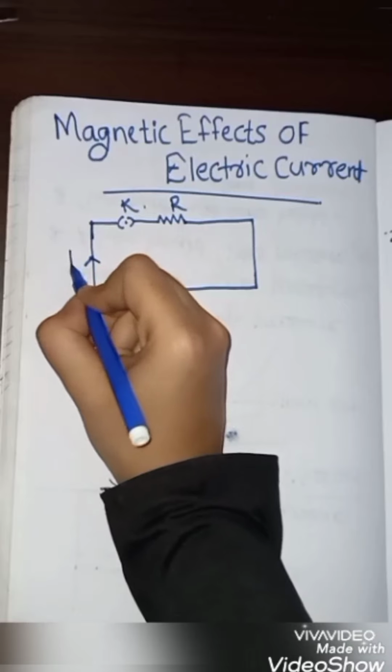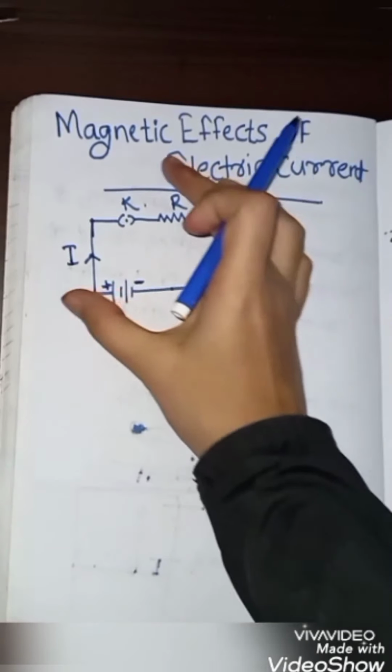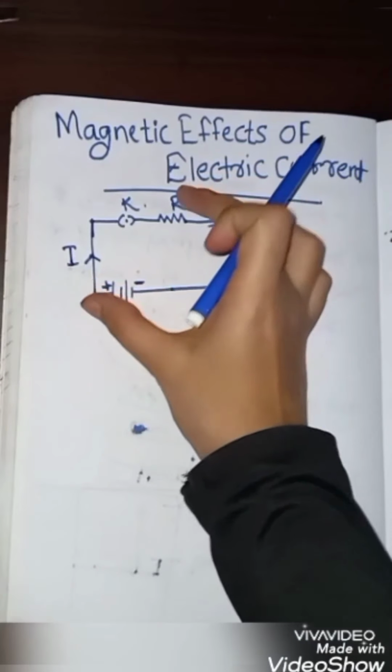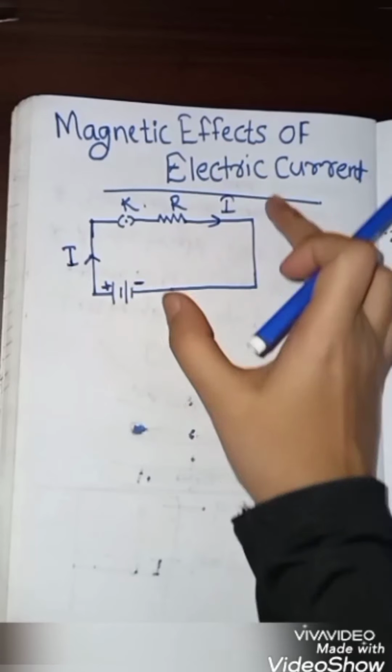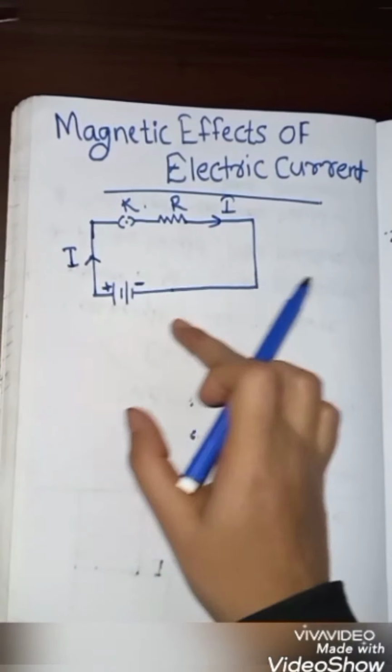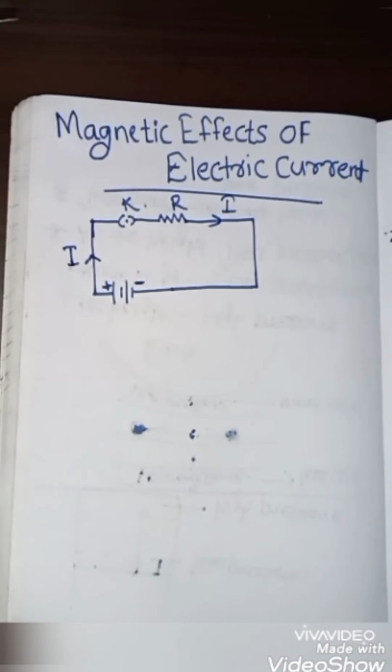Here the current will flow through this. This electric circuit is a current carrying electric circuit, or otherwise it can be called an electric current carrying conductor. Conductor means anything that conducts electricity.